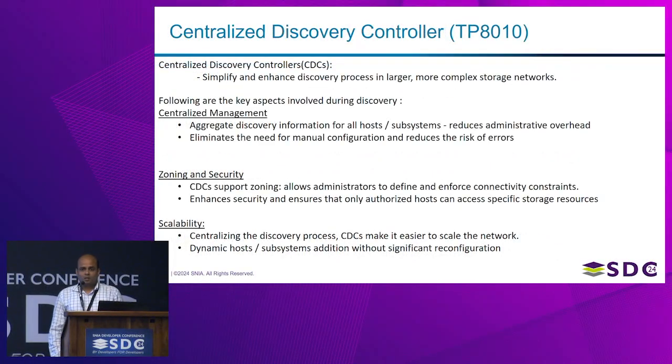It aggregates all the discovery information from both the host and storage subsystem and reduces the administrator overhead. Since we do the discovery automatically, there is less chance of error, because everything is done automatically. So there is no need to manually do the configuration, and the risk of errors is reduced.